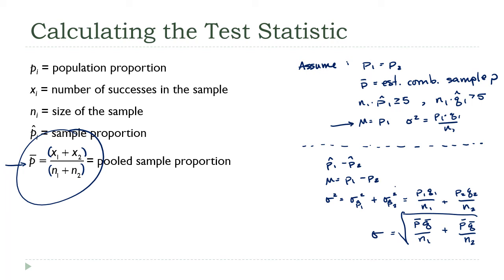So, to summarize, we know that the distribution of p1 hat minus p2 hat, which is what we're trying to conduct a test for, is approximately normal with mean p1 minus p2 and standard deviation given by this formula. These are the values that we're going to use to calculate our test statistic.